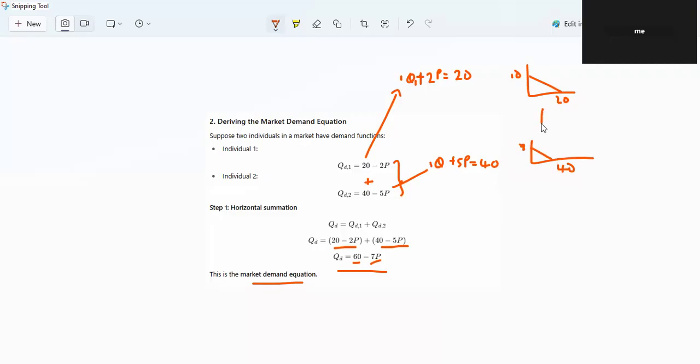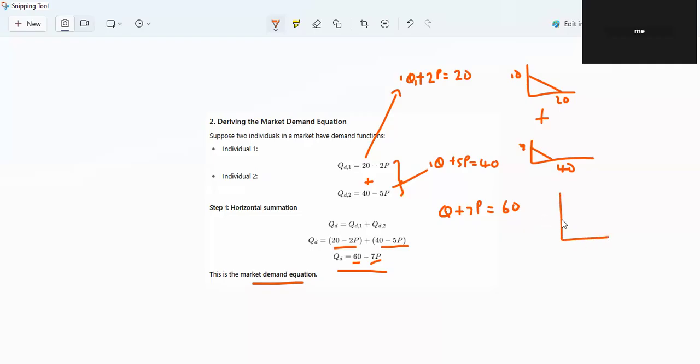So when we add these two firms, it will give us the market demand. So this is Q plus 7p is equal to 60. So 7 into 7p, that is 8.44.